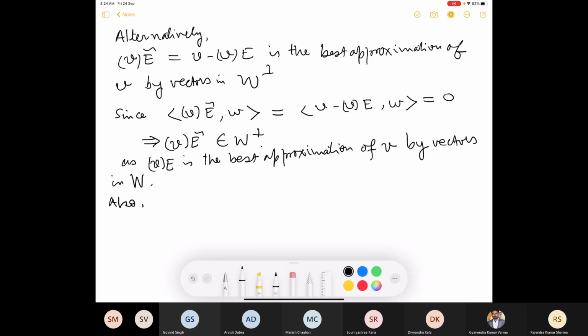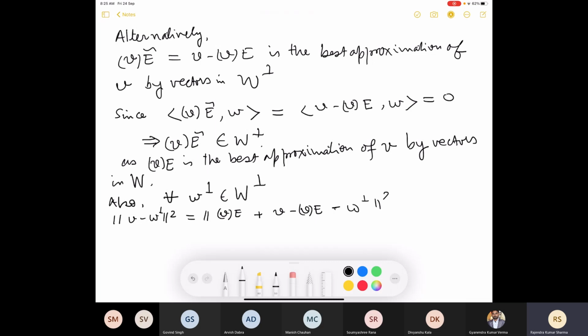Also, for every small w in this W orthogonal complement, the norm of V minus w squared is the same as the norm of, adding and subtracting VE, VE plus V minus VE minus w, squared.